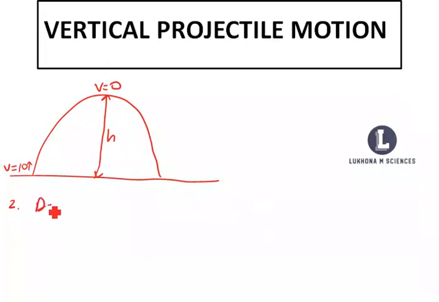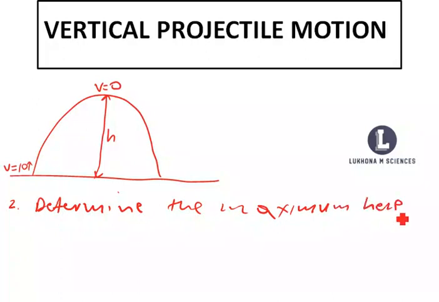Question number 2, determine the maximum height, that is h in this case. So because of maximum, we know that the final velocity is equal to 0.